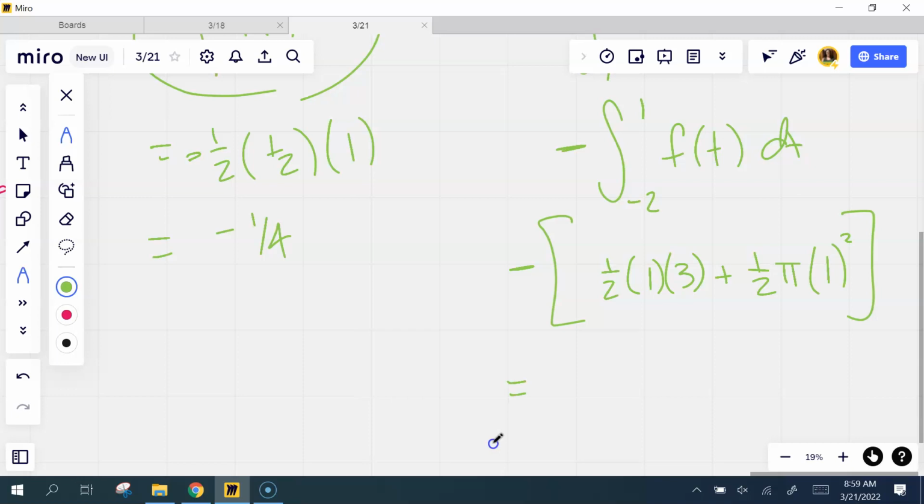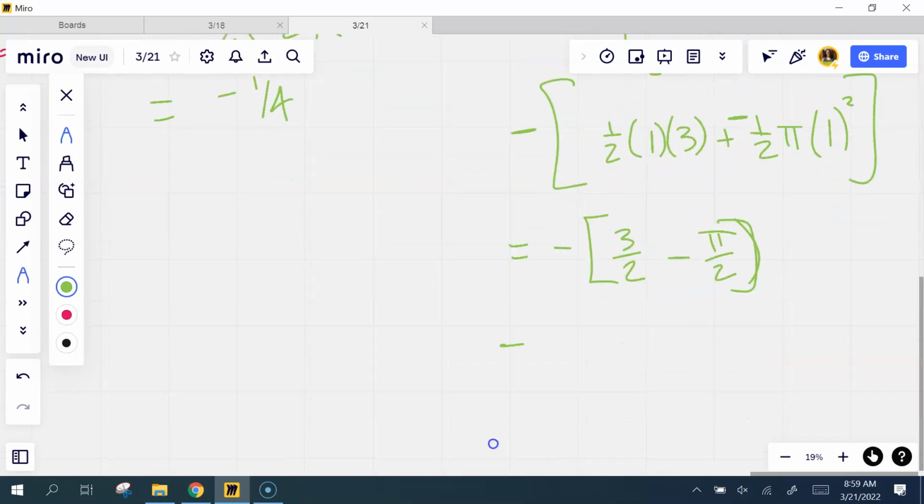Yes, you're absolutely right. So you subtract it because it's below the x-axis. Don't forget this negative out front. So I really have 3/2 minus pi over 2, which is really pi over 2 minus 3/2 when I take into account the negative in front. That was a point.